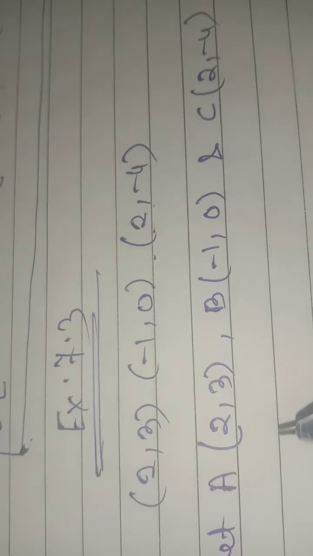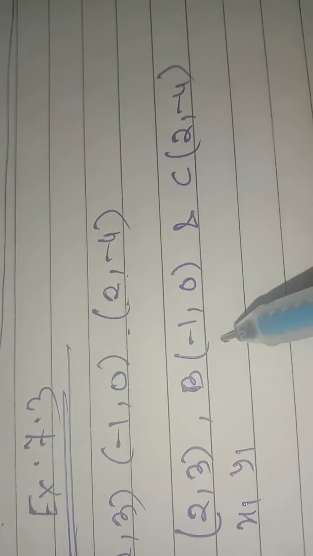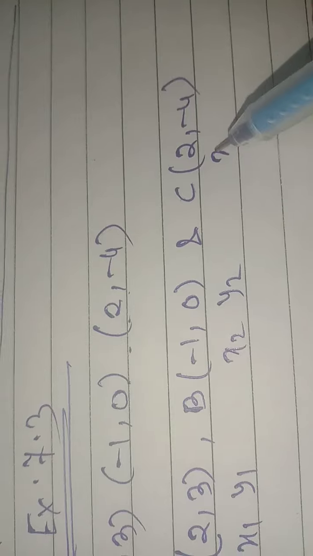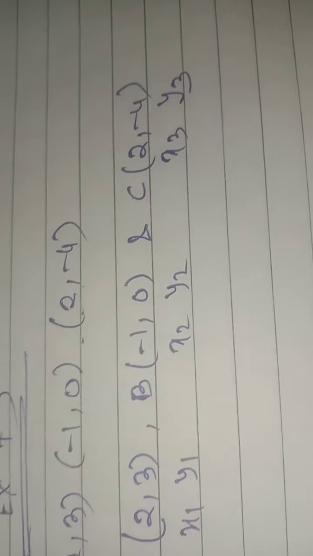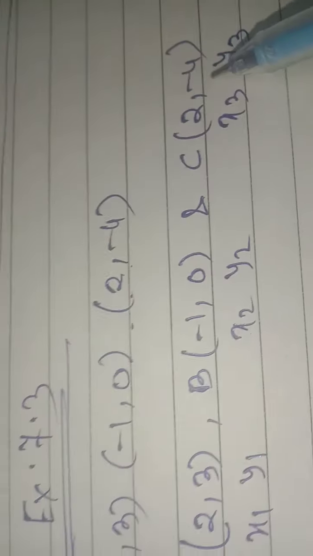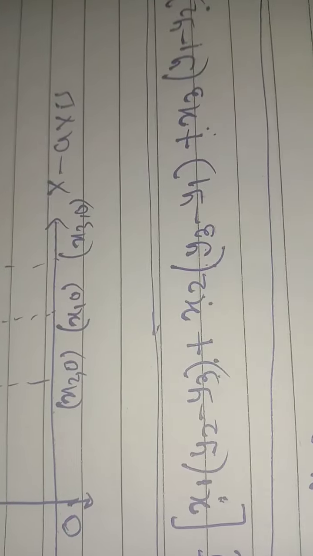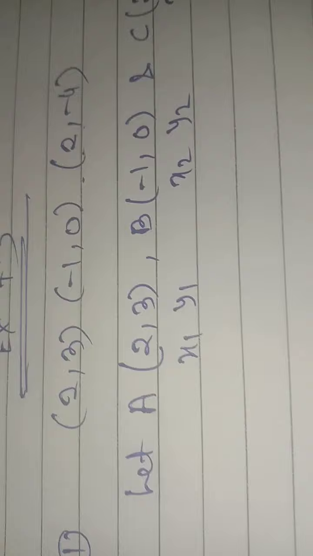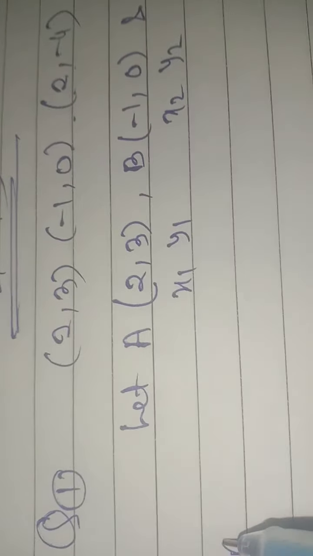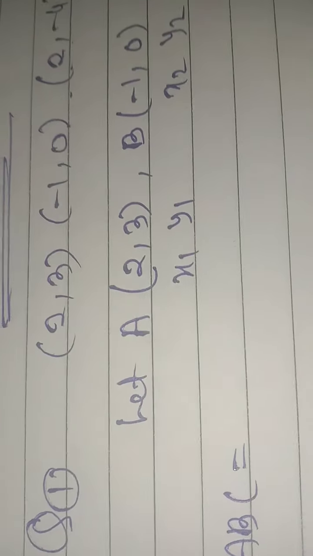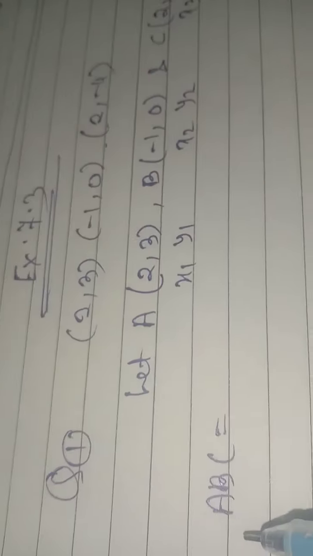So it is x1 y1, x2 y2 and x3 y3. Always write these things because you will get familiar to use the same thing in the formula, and if possible write down the formula in each and every question.